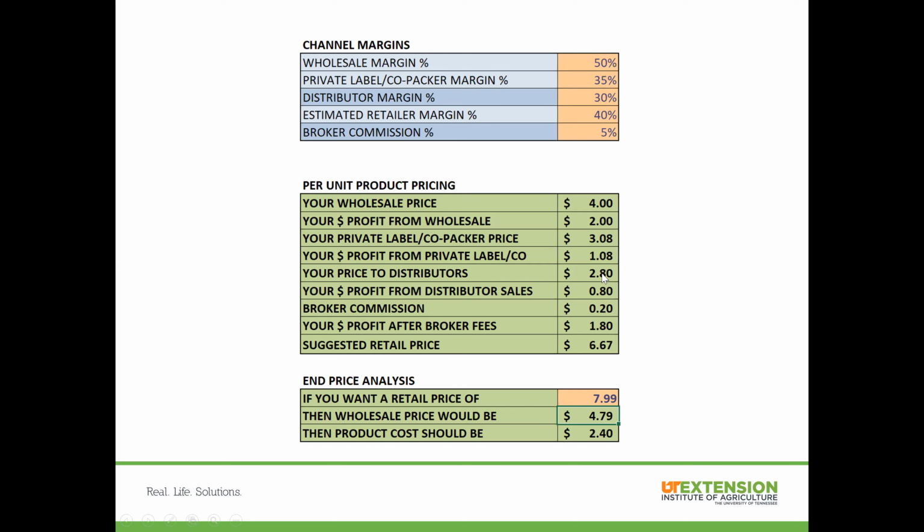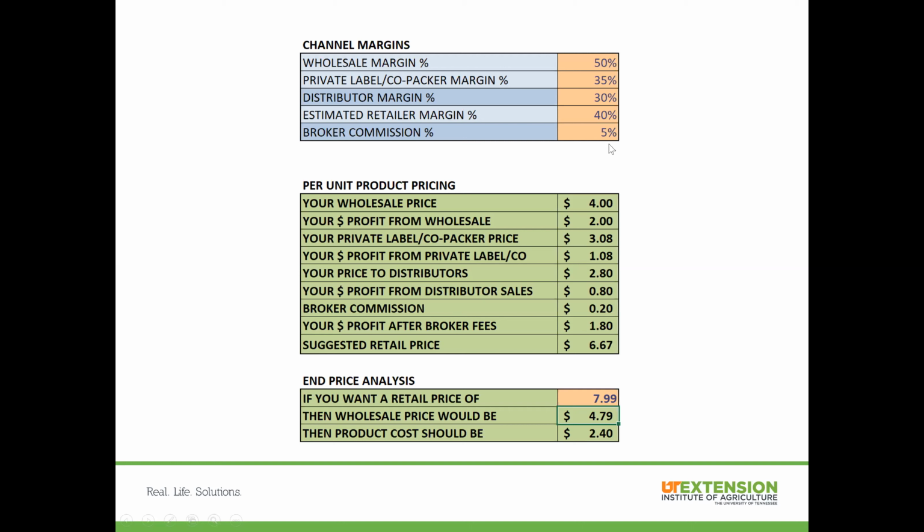And in that case, our price to distributors would need to be $2.80, and we would profit 80 cents, or 30% of the $2.80 price. That would be the 80 cents profit we would get because we've got $2 in the cookie and the packaging.